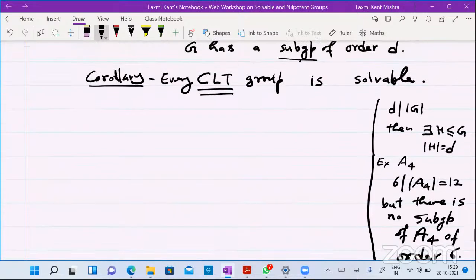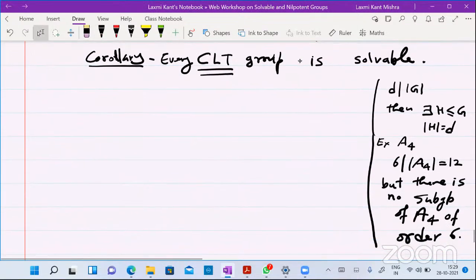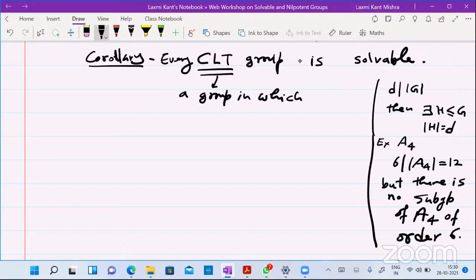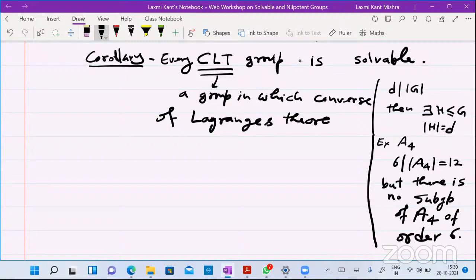Okay, so CLT groups are those groups in which the full converse of Lagrange's theorem holds. What are some examples?